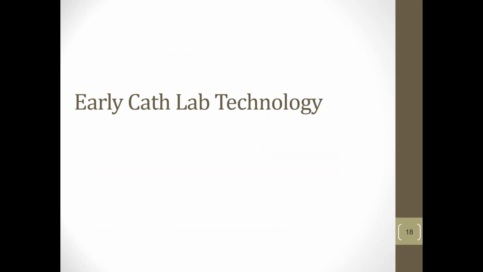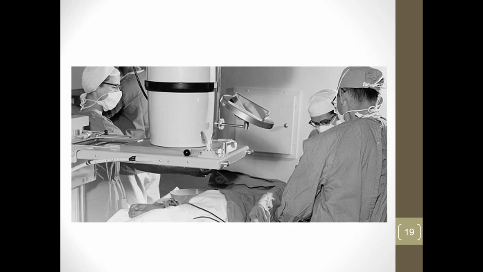Early cath lab technology. Like we had talked about earlier, they used fluoroscopy. This particular picture is from the late 1960s, early 70s. This little device here is called the image intensifier, and we'll cover that a few slides later. Most of the cath labs, even clear back in the day, were basically a C-arm setup.